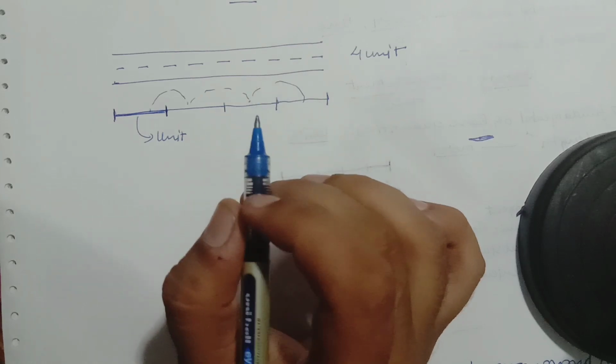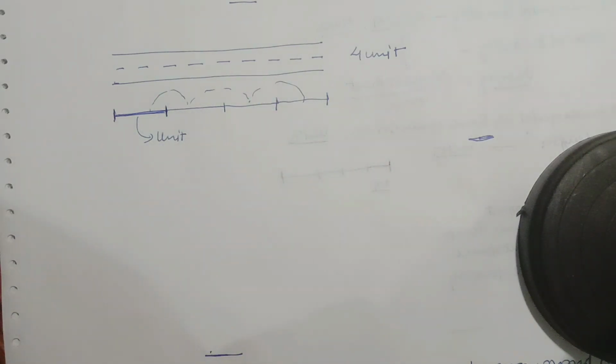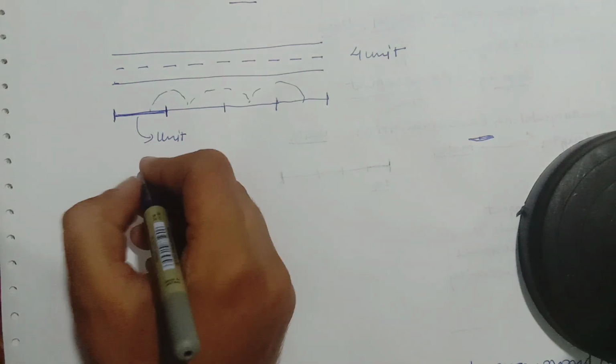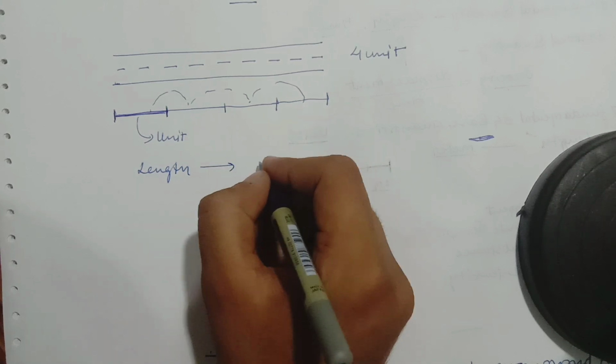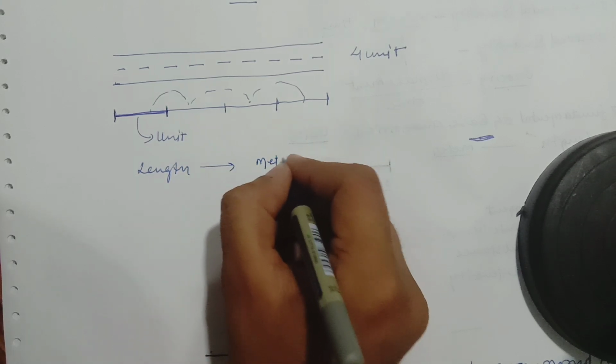So for these 7 base quantities, for every base quantity we have a unit. For length, our unit is defined in terms of meter.